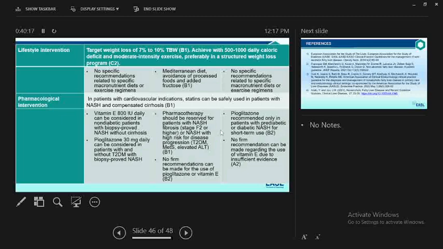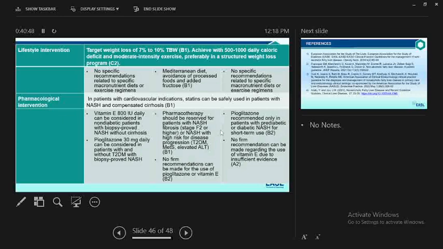Pharmacotherapy: no specific recommendation for steatosis, but lifestyle modification, mainly the Mediterranean diet, avoiding processed food and fructose. Vitamin E 800 international units daily can be considered in non-diabetic patients with proven NASH without cirrhosis. Pioglitazone 30 mg daily can be considered in patients with and without type 2 diabetes mellitus with proven NASH.